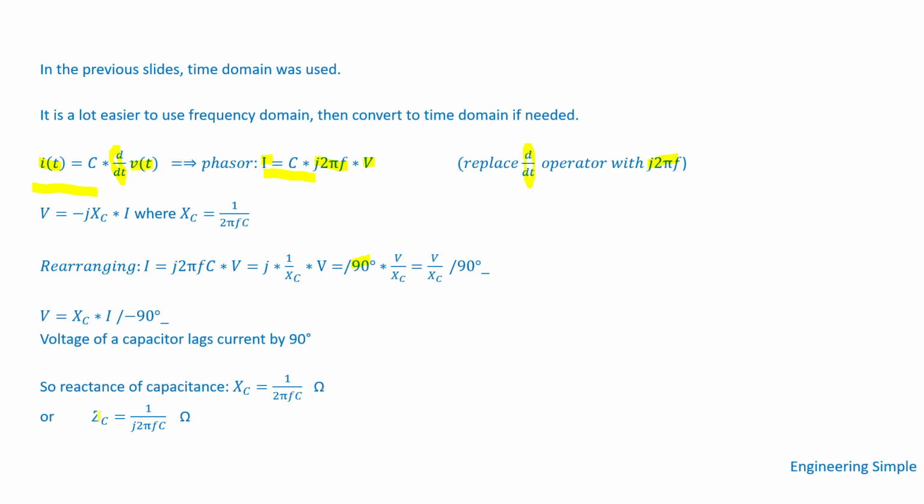So the impedance of the capacitor is 1 over j times 2 pi fC. And if you watch the previous videos, the impedance of an inductor is j times 2 pi times f times L. f is frequency, L is inductance. But for the capacitor, it's 1 over.